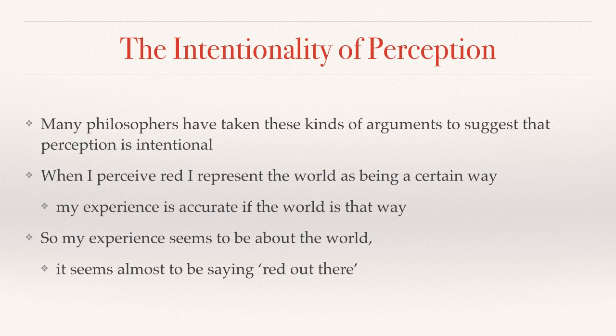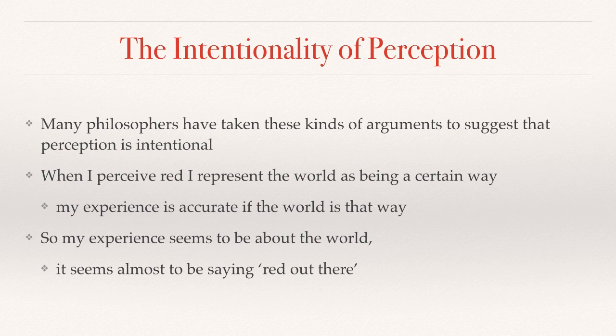It's not like having a sentence, or we'll wonder later in the next section whether it's like having a sentence, but it's like having something which can be assessed for accuracy, red out there, and then we can look at the situation and say, yes, they're right, there is red out there, or we can say they're wrong. No, there isn't red out there.